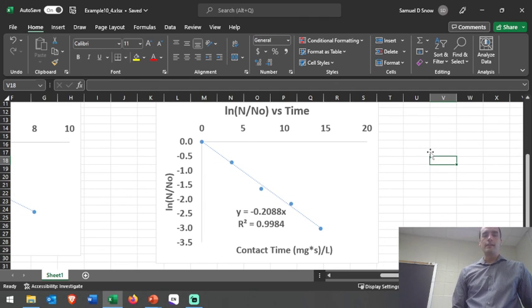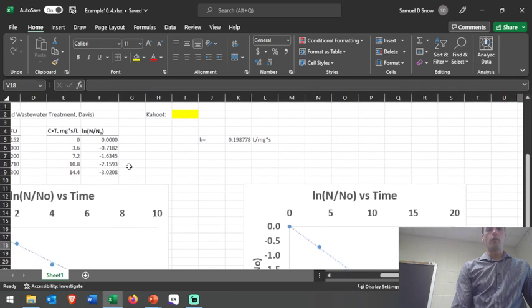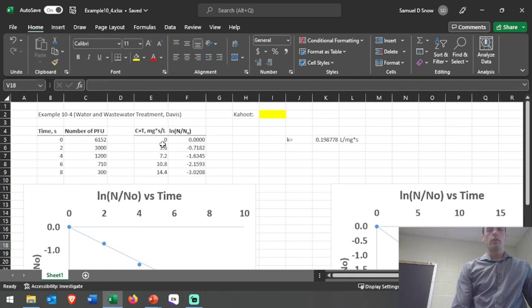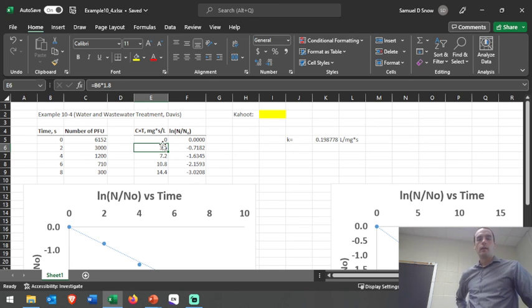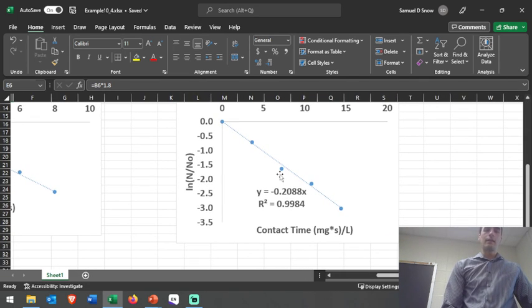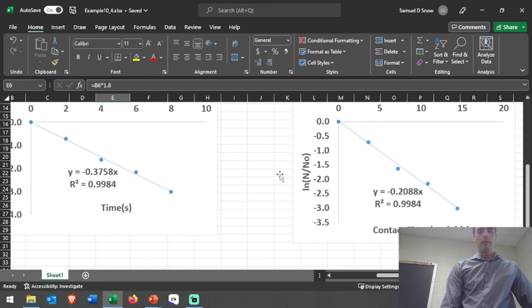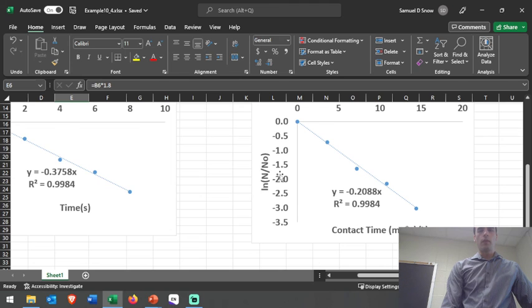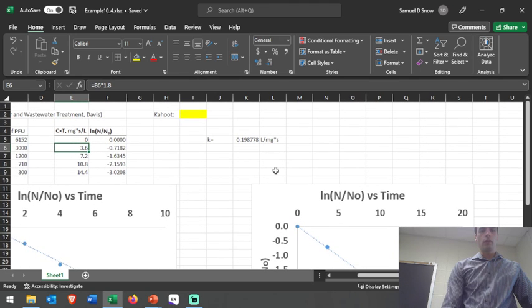If you calculate that contact time and convert all of our x values here as 1.8 times the time, we can get a slope that's giving us that k instead of the k star. And it should be the same. That negative 0.208 should have been the same here.